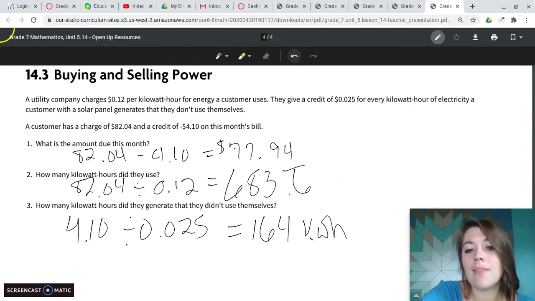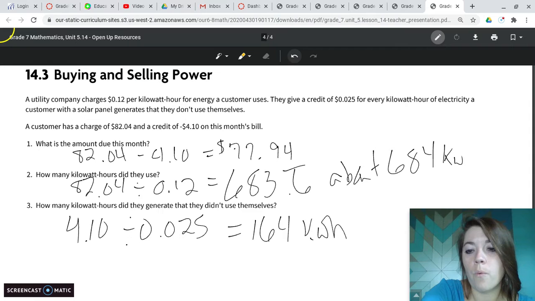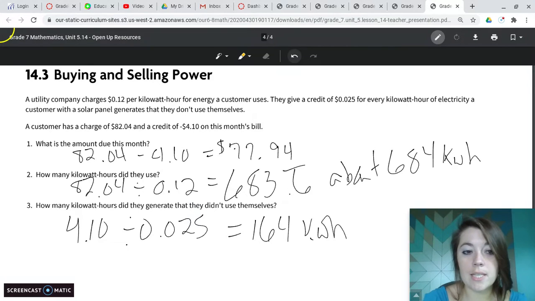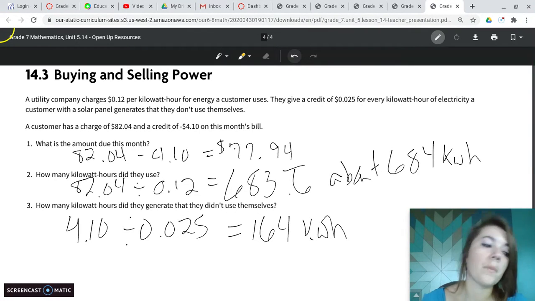So we could say that it's about 684 kilowatt per hour. You can round that up, since we're looking at how many kilowatt hours they used. It's an acceptable thing to round there because it's not necessarily saying the exact amount. It's also not saying you have to round it, but I would accept either on a question like this, okay?